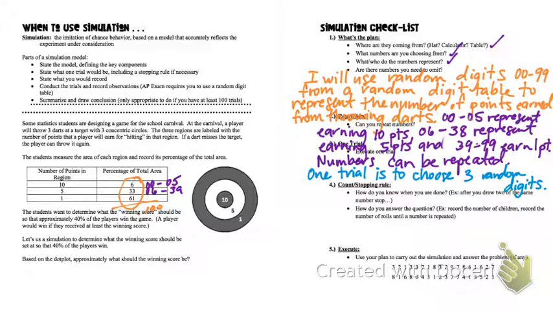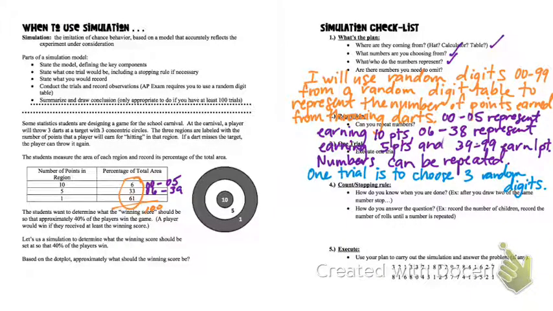And then the last sentence is once you've executed one trial, what do you do with those numbers? So one trial, choose 3 random digits. What do I do with those numbers? So I find the corresponding scores and I add up the total.